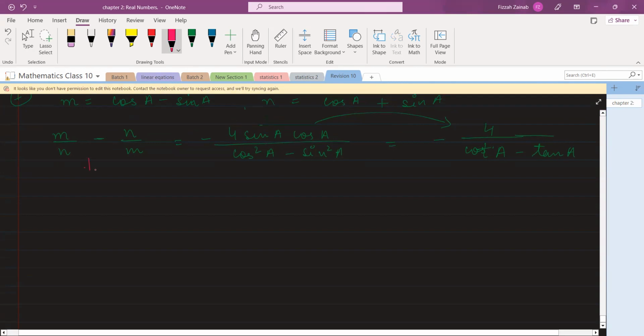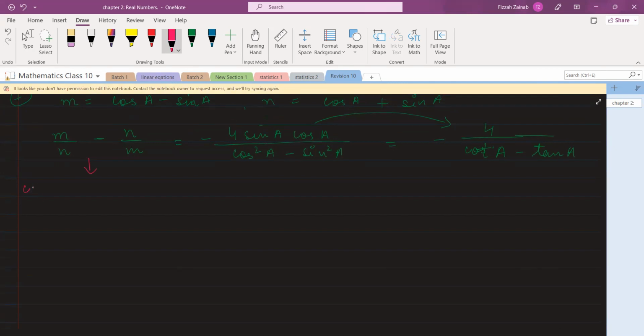So I am doing this M upon N minus N upon M. So my M is cos A minus sine A divided by N, which is cos A plus sine A, minus N, cos A plus sine A, divided by M, which is cos A minus sine A, right?